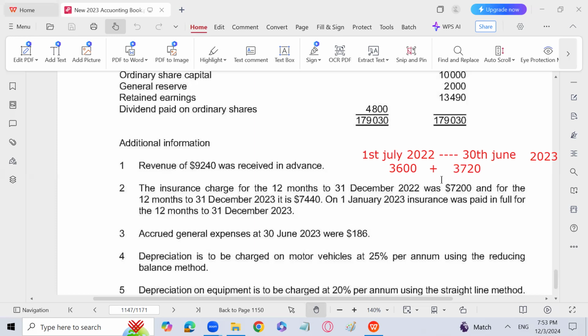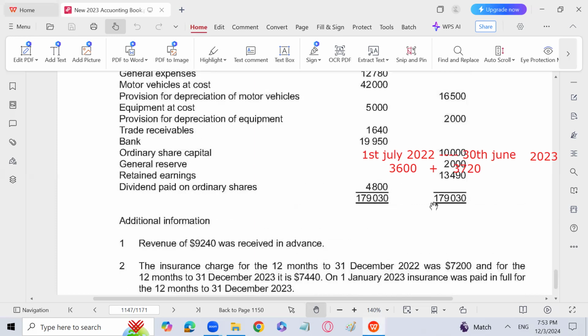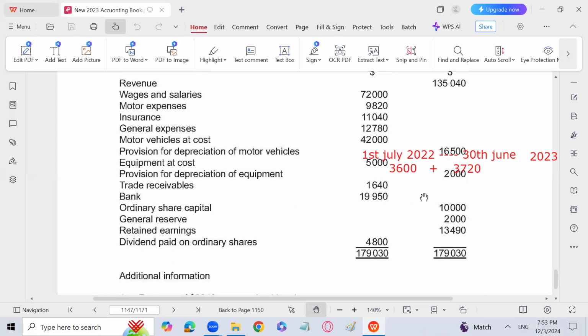So I can either subtract 3,720 from insurance, or I can add 3,600 plus 3,720 to find the total amount of insurance. Both patterns can be adopted, it's up to you. Either 11,040 minus 3,720, because 6 months are prepaid, or 3,600 plus 3,720, you will get the answer. So what is the insurance expense?